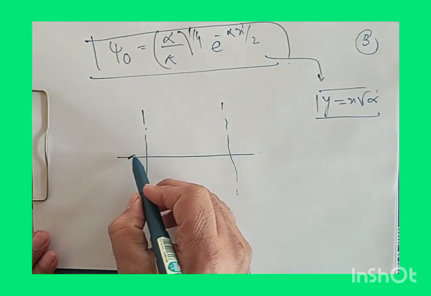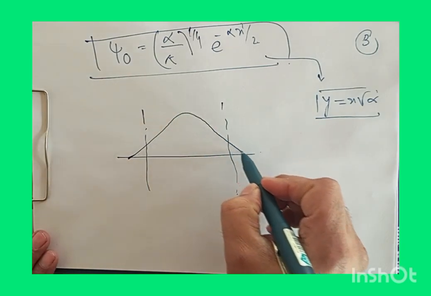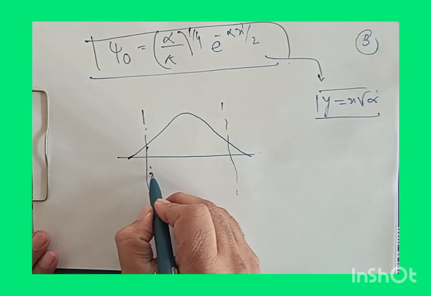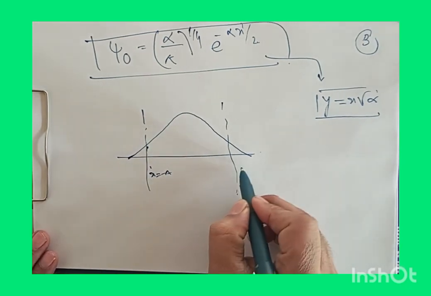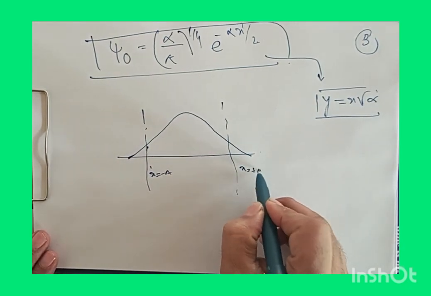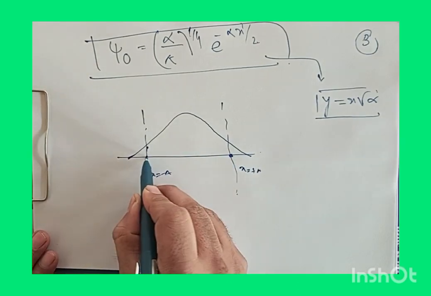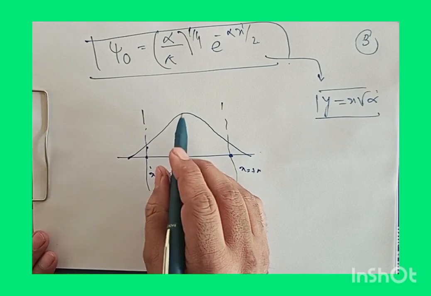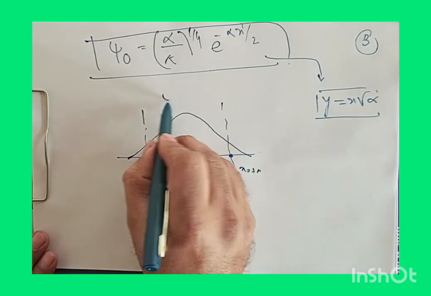The wave function behaves like this. So this is my x is equal to minus a, and this is my x is equal to plus a. On the y-axis, what I have is psi 0.